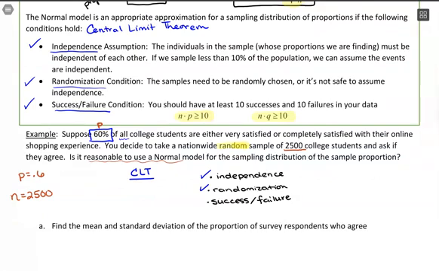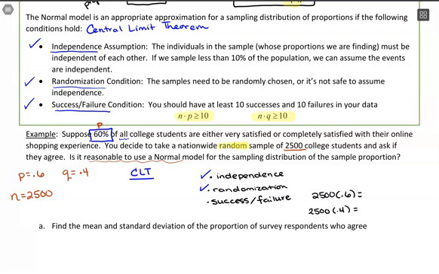So what we're going to do is take 2,500 times 0.6, so that'll be our n times p. Then we need n times q, which if you have a p of 0.6, q is just 1 minus 0.6, so that'll be 0.4. So we also need to show that 2,500 times 0.4 is also large enough.